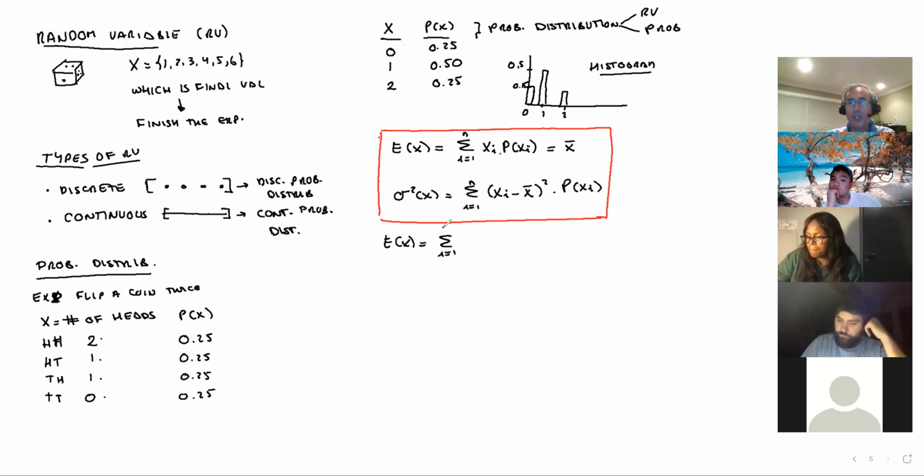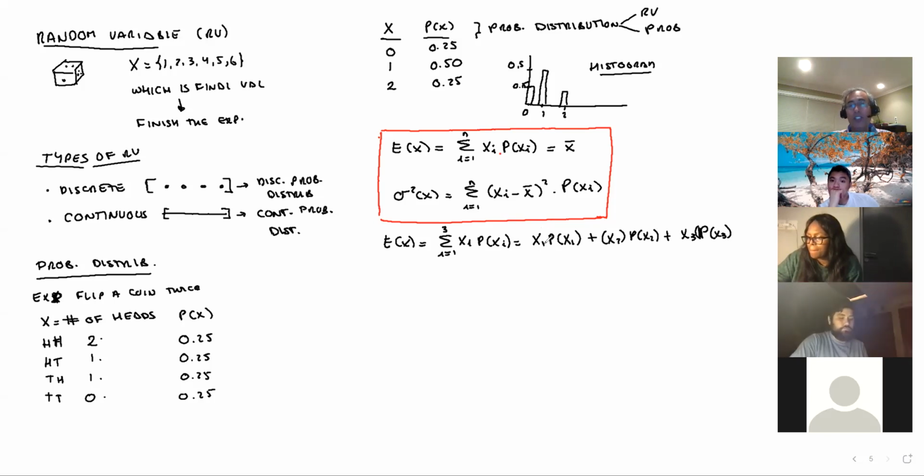From i equal 1 to 3, right? Of xi, p of xi. So what I need to do is multiply element by element: x1 times p of x1, plus x2 times p of x2, plus x3 times p of x3.